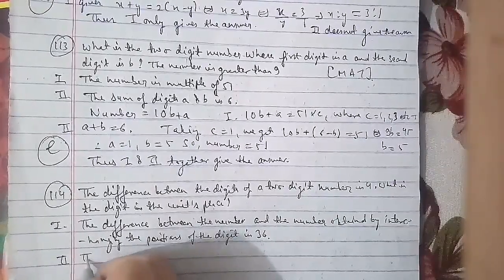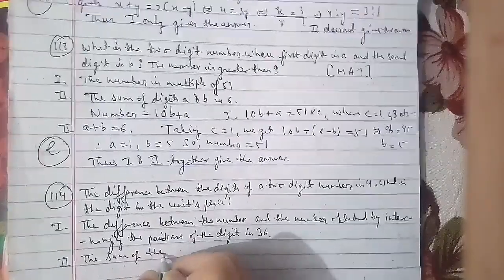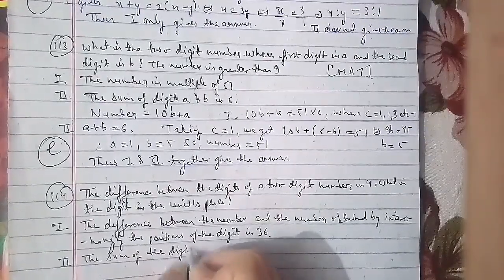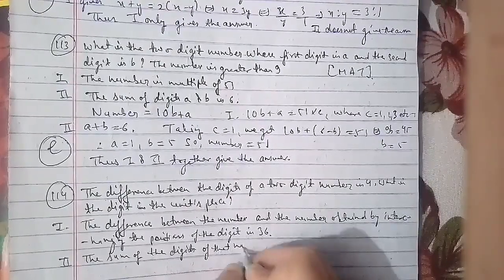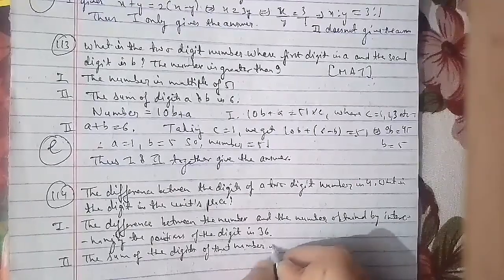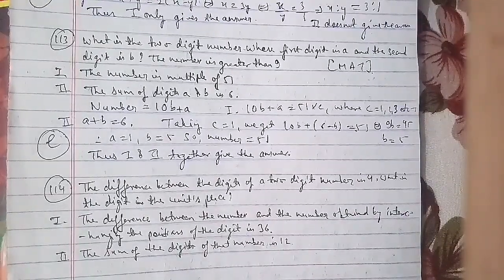Let the tens digit be x and unit digit y, then x minus y equals plus or minus 4.